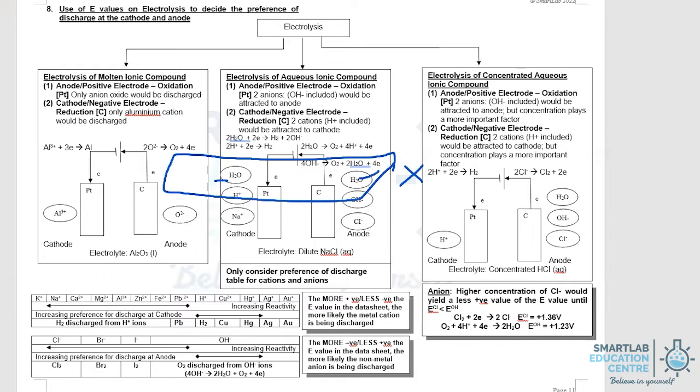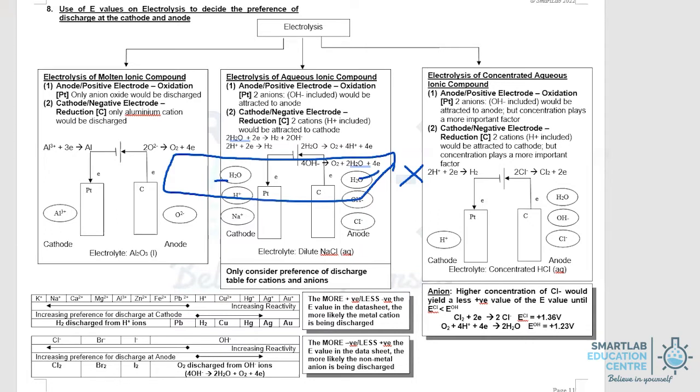The reason we rule out H+ is because in this standard electrode potential value, we are assuming the concentration of H+ to be 1 mole per dm cube. But given that the electrolyte is aqueous sodium chloride, where the concentration of H+ is 10 to the power of minus 7 mole per dm cube at 298 Kelvin, since its pH is 7, we can conclude that the concentration of H+ is way too low.